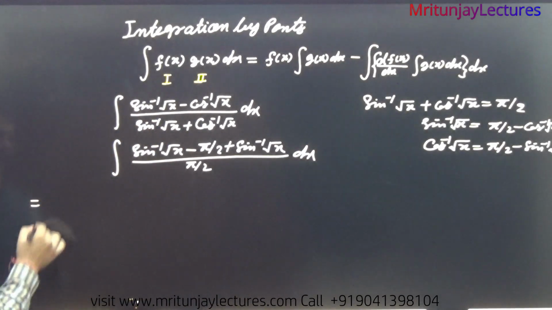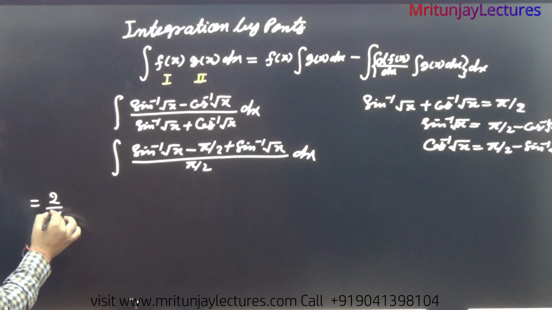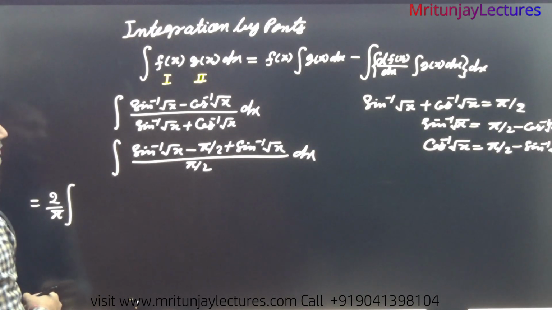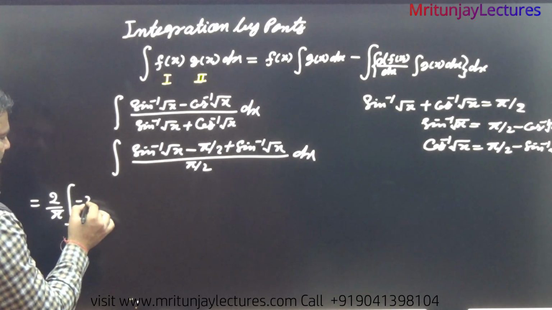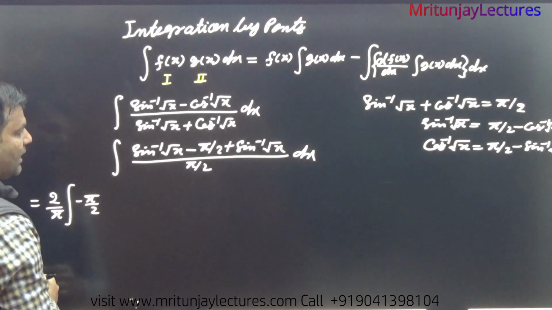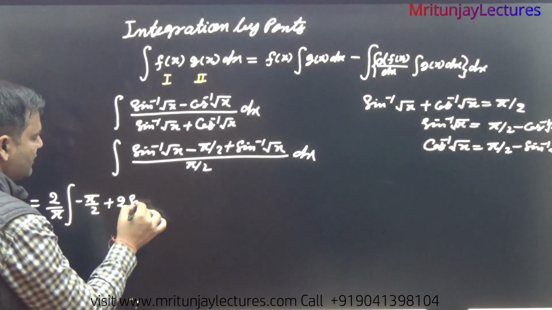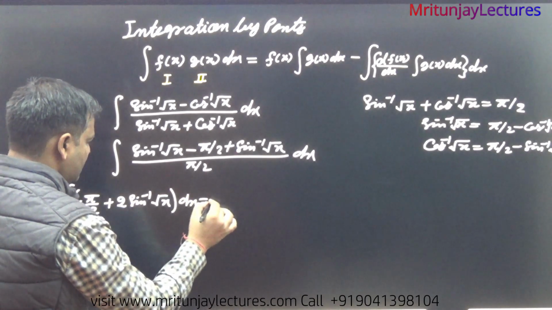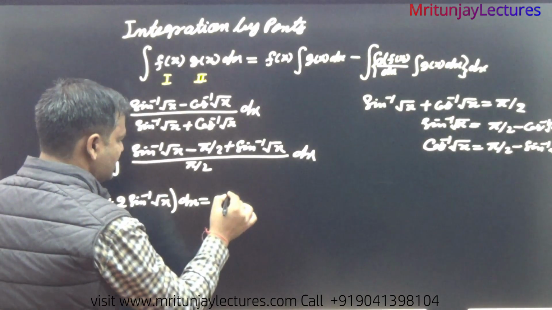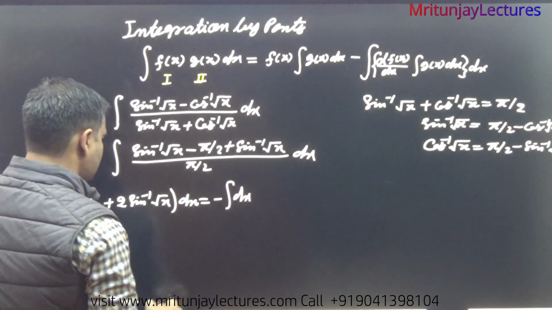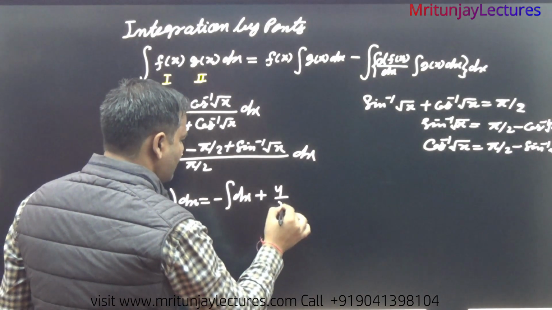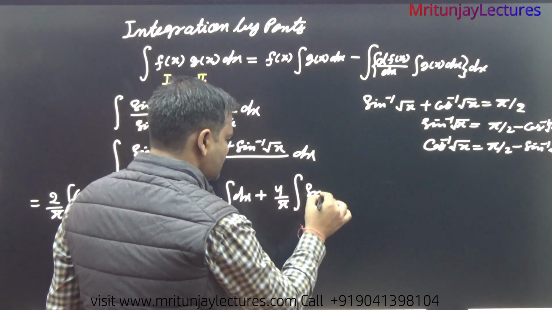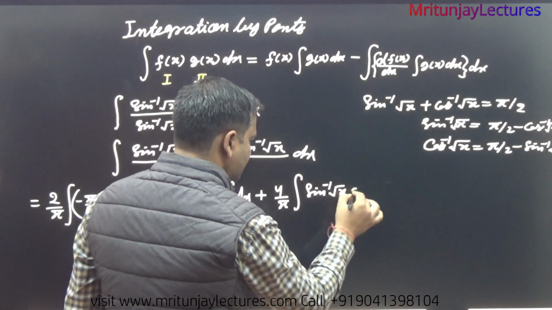After that, 2 by pi is written here, and that one is pi by 2 minus pi by 2, minus pi by 2 and plus 2 sin inverse root x into dx. Now that is the integral of 1 dx plus 4 by pi times the integral of sin inverse root x dx.